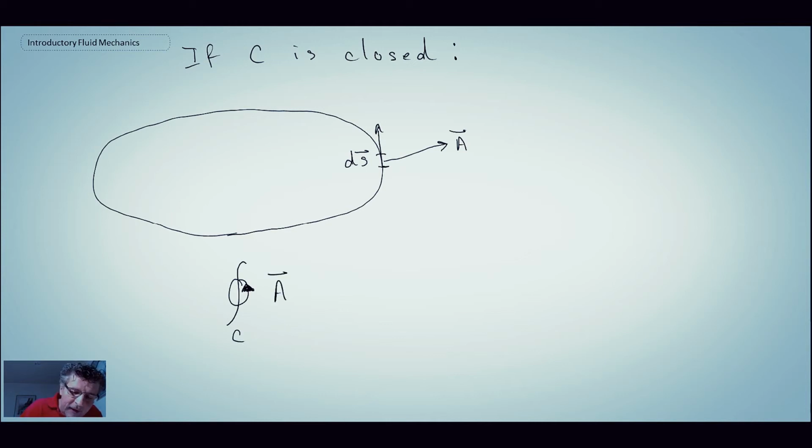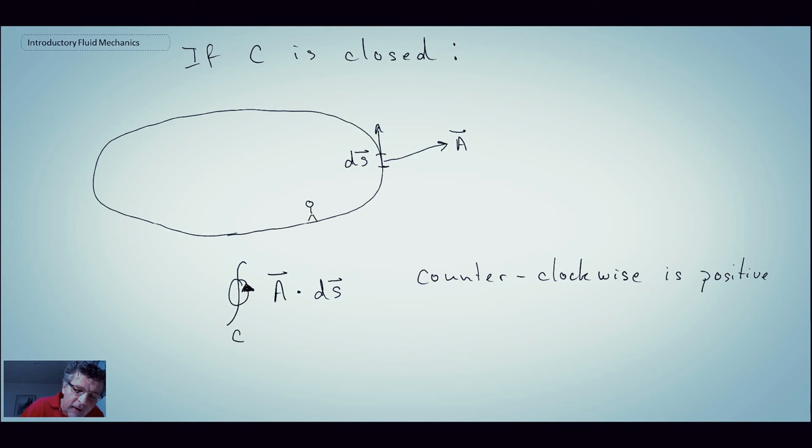And again, to evaluate it is just the dot product of our vector field that we're interested in and ds. And so by convention, quite often in fluid mechanics, we say counterclockwise is positive. And if you have a hard time remembering that, imagine yourself walking around the curve.